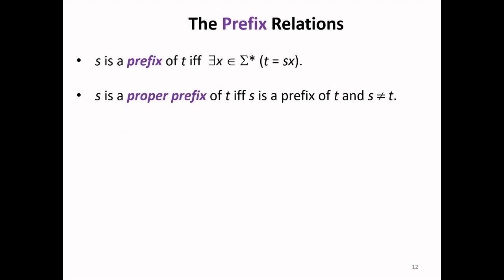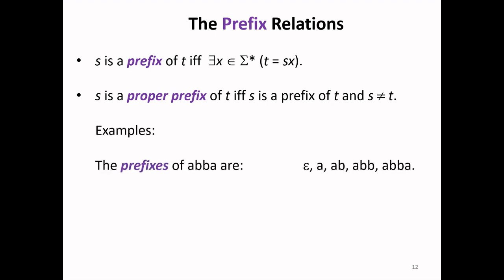Let us take some examples of both prefix and proper prefix. Suppose this is the string ABBA. So prefixes of ABBA are epsilon, A, AB, ABB, ABBA.